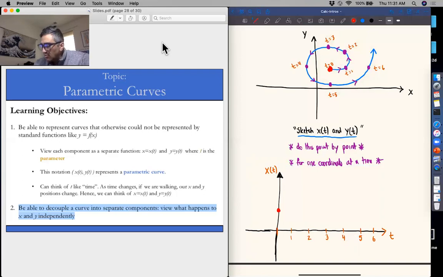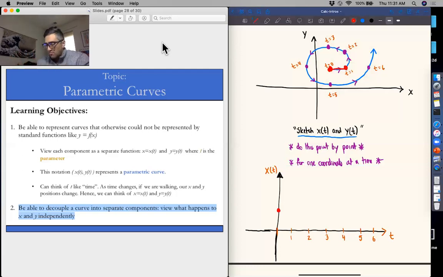What happens when t equals 1? Well, when t equals 1, we move generally to the right. If we're looking at what's happening in terms of x, we're really only turning our heads left and right. So between t equals 0 and t equals 1, we're moving towards the right, which means our x value is growing.